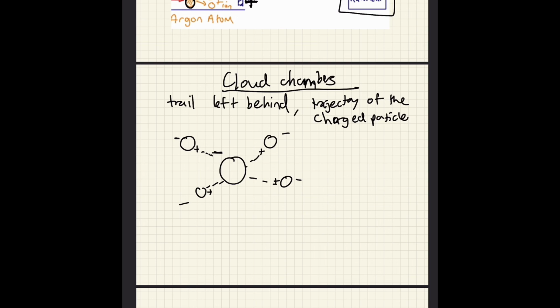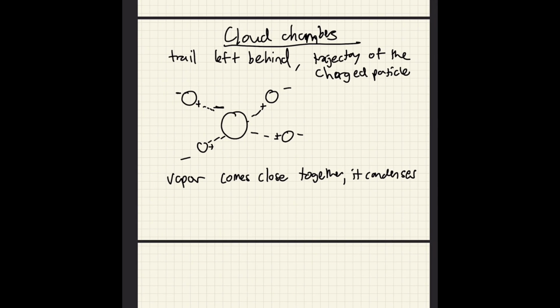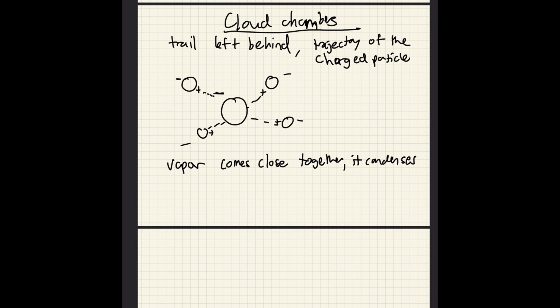If you have a vapor, when a vapor comes close together, what happens? It condenses. Think of it this way: liquid molecules are closer together than in the gas. So the vapor condenses, and that leaves behind a trail. And so you can detect the trail, and you can detect the trajectory of the charged particle.